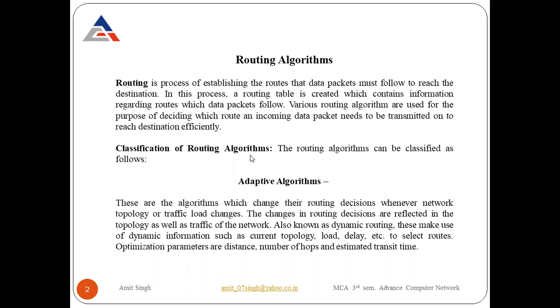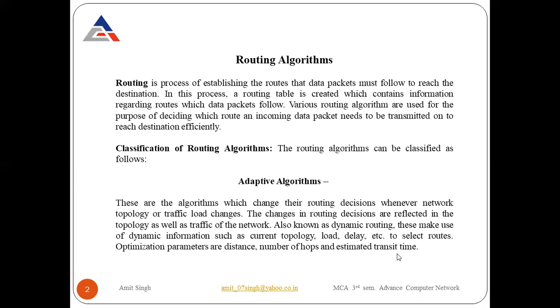The change in the routing decisions is reflected in the topology as well as the traffic of the network, also known as dynamic routing. These make use of dynamic information such as the current topology, load, delay, etc. to select the routes. Optimization parameters are distance, number of hops, and estimated transit time.